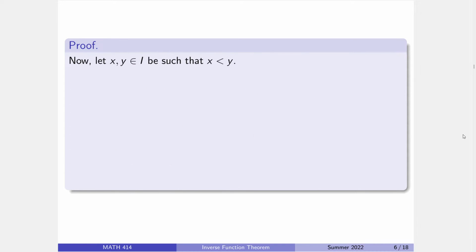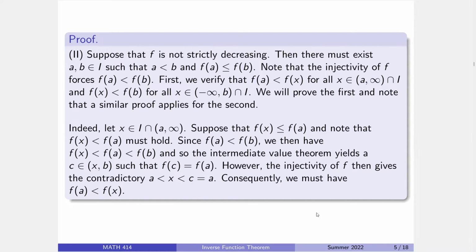Now that we know this, this gives us basically two pivot points to work from. I know that f of a is strictly less than f of b, and now I verified that anything bigger than a is going to remain bigger than f of a, and anything less than b is going to be less than f of b.